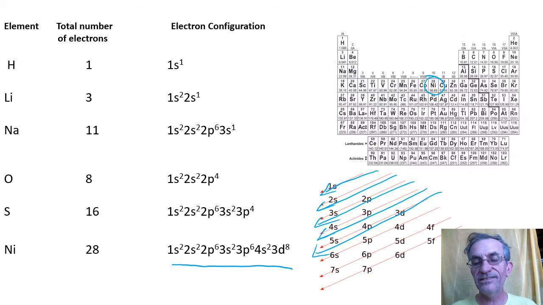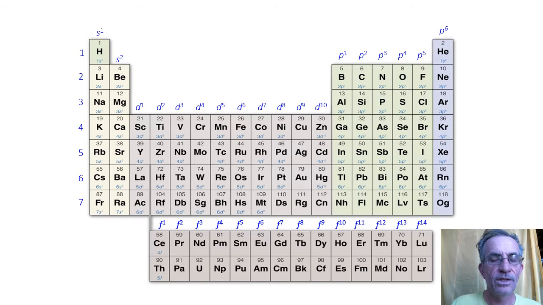So there is another way to write down electron configuration. And it's a shorthand. It's called the noble gas shorthand. Let me show you this other method. Just to remind you before we get into that, one thing that's going to help us is to keep in mind that you know where an electron configuration is going to end based on where it is on the periodic table.